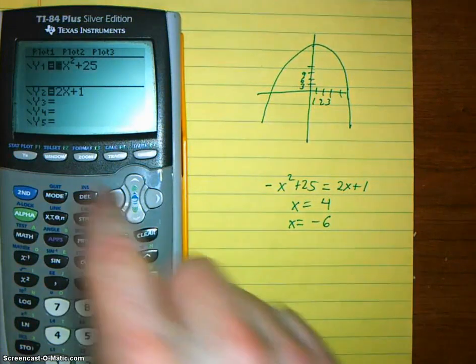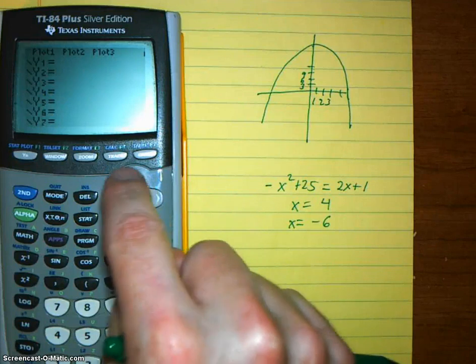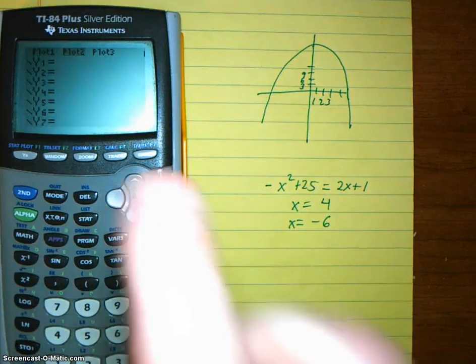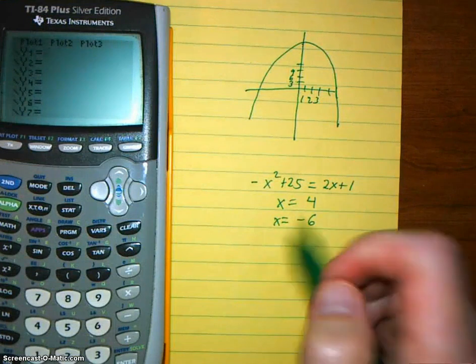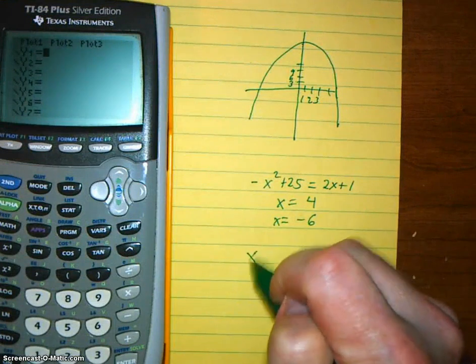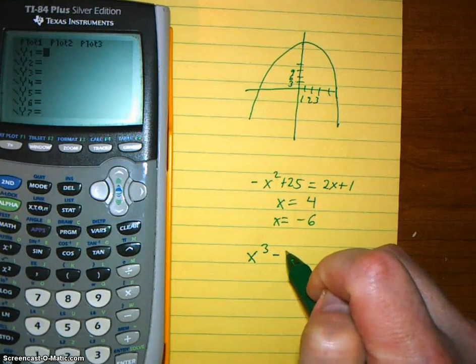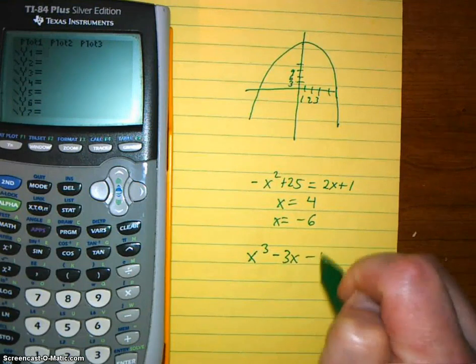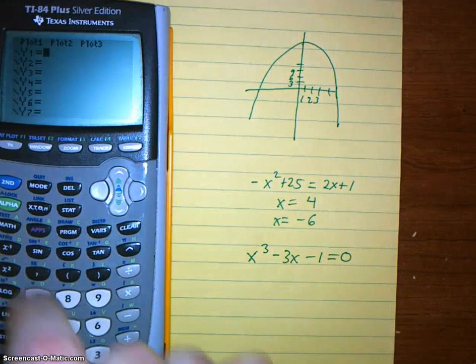All right, let's clear these out. Now let's say I asked you to solve the equation x cubed minus 3x minus 1 equals 0. All right, well, I would type that in here.